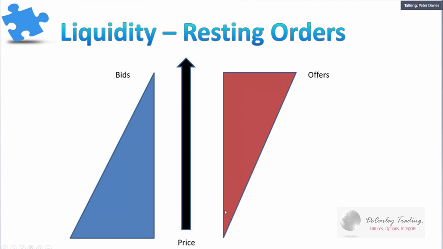So if you're coming back to the high of the day, for instance, you can expect the offers to be 1.5 to 3 times the bids. In fact, if you're not really sure whether a level you're looking at is one that a lot of other traders are looking at as resistance, this alone will tell you. So as you get to resistance, the offers will be stacked at that level, but the thing is, that does not mean the level will hold.